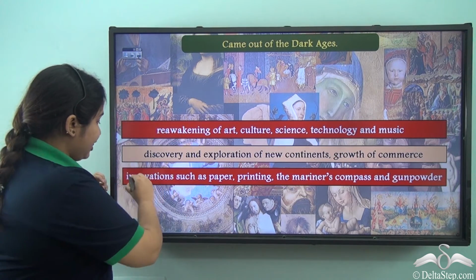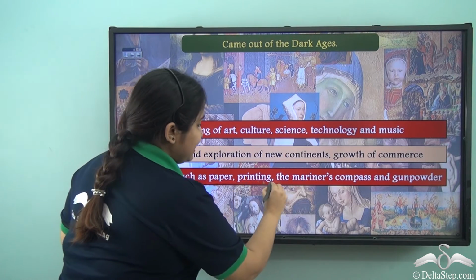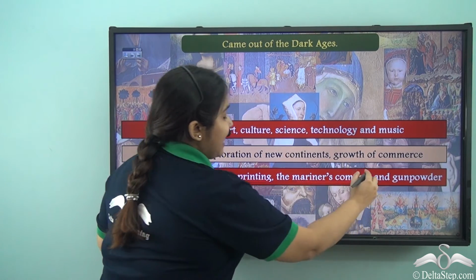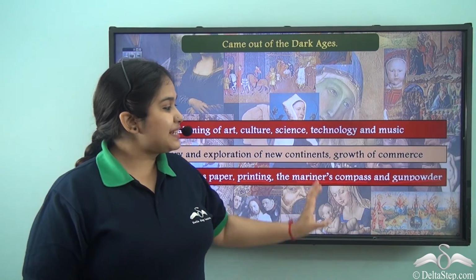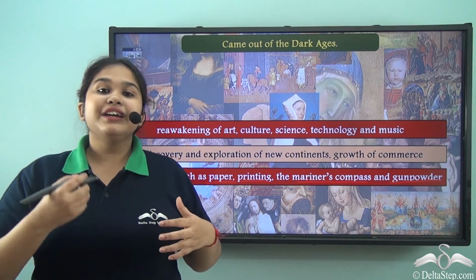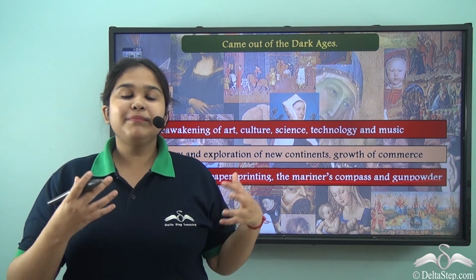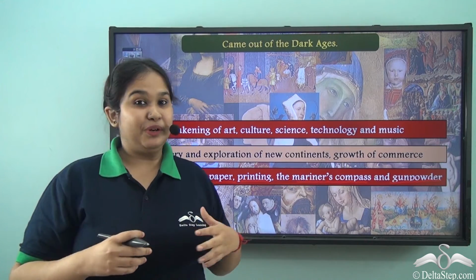We also see innovations like the paper that we use today, printing, the mariner's compass, and gunpowder. Therefore, these were the gifts that the Renaissance period gifted to the modern world that became the most essential pieces in this modern world, right?